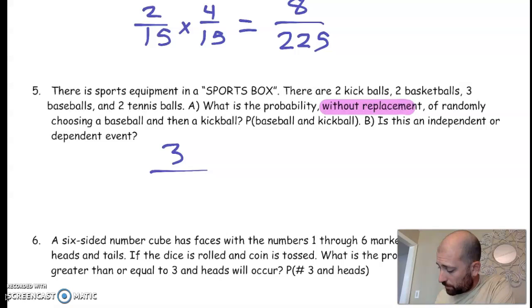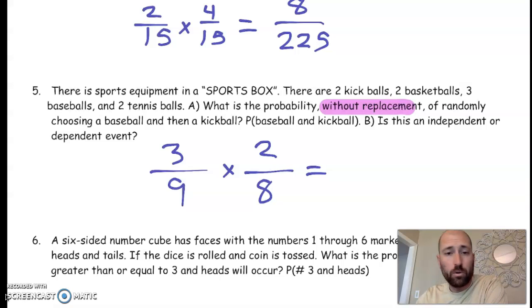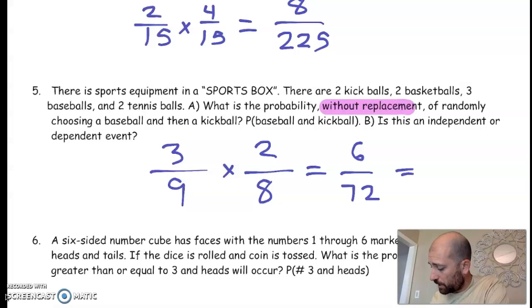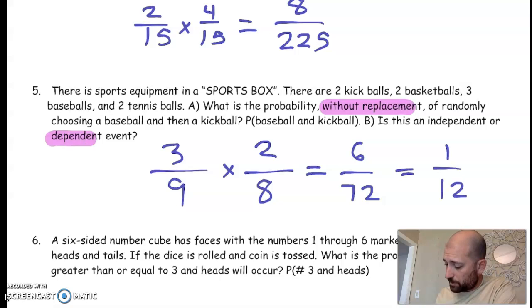So 3 out of the 9 pieces of sports equipment are baseballs. After I take that baseball out, I still have 2 kickballs, but now I only have 8 overall pieces of equipment. 3 times 2 is 6. 9 times 8 is 72. That can be reduced to 1/12. Okay. Since we did not replace them, that is dependent probability.